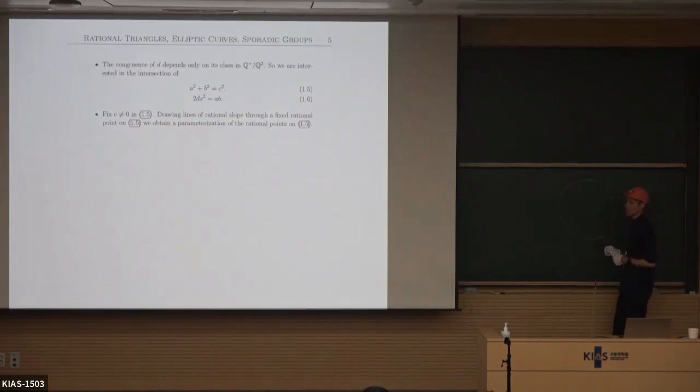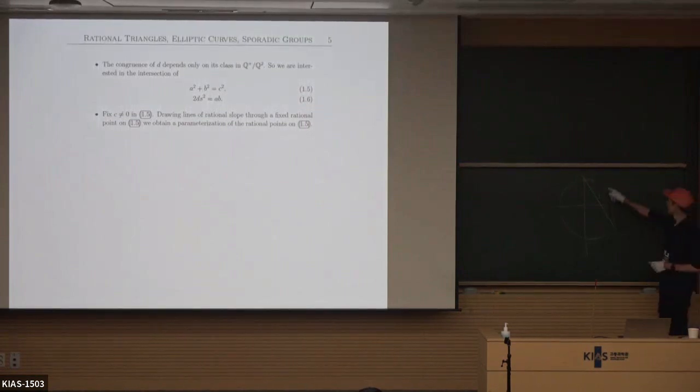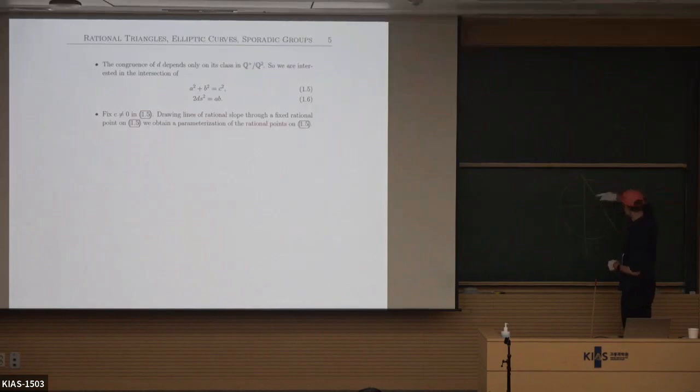I don't know the answer to that question, but suppose c is rational. If we draw a line from c with rational slope t, then this point here, whatever it is, its coordinates are rational. And then if we let t range through enough values, we'll pick up all the rational points this way.